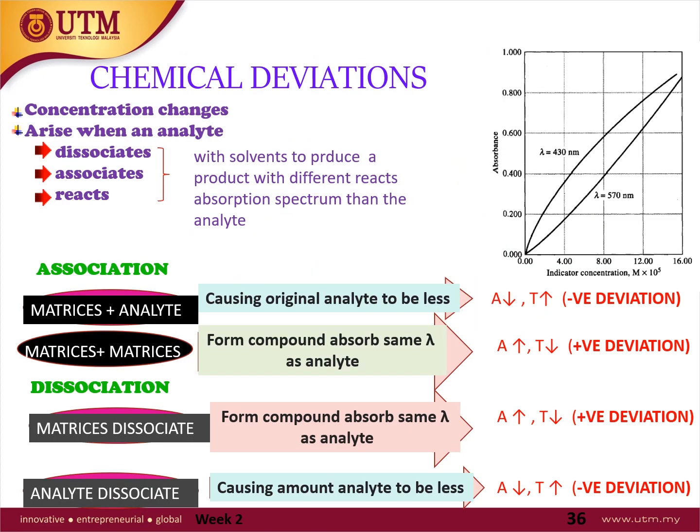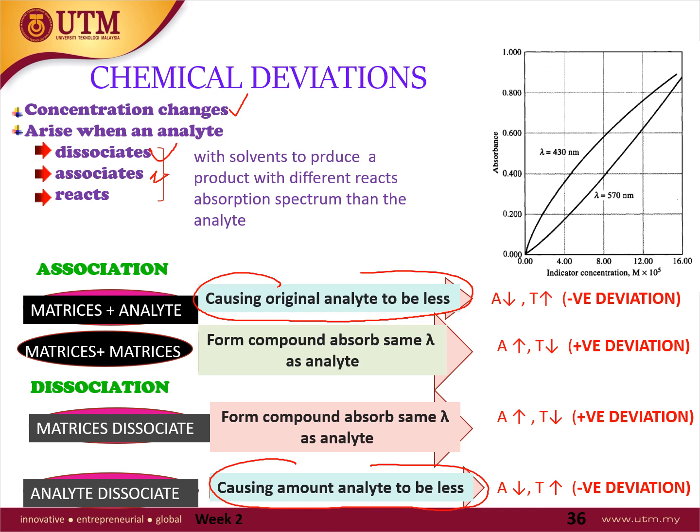Okay. Chemical deviation, where most of it is when your concentration of sample changes, and also when your analyte dissociates or associates. Dissociate means causing the amount of analyte to be less. Associate causes the original analyte to be less as well. Why?